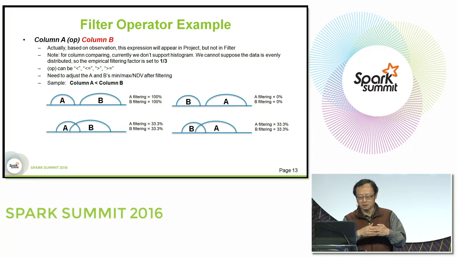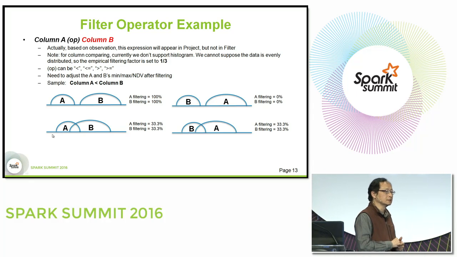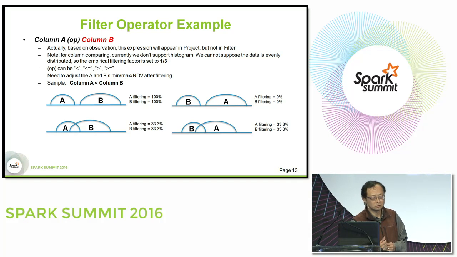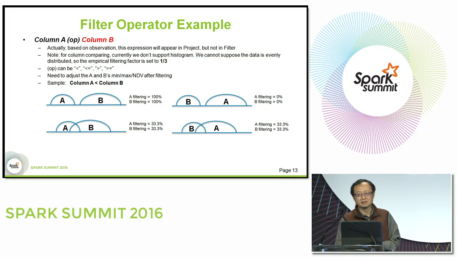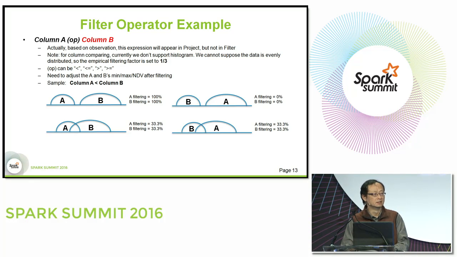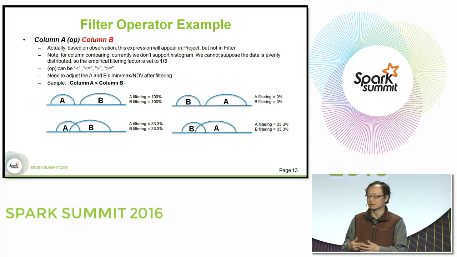For this case, as of today, we just utilize some empirical data. We set the filtering factor to 1/3, okay. But it is possible to expand this so that you would really do some comparison.